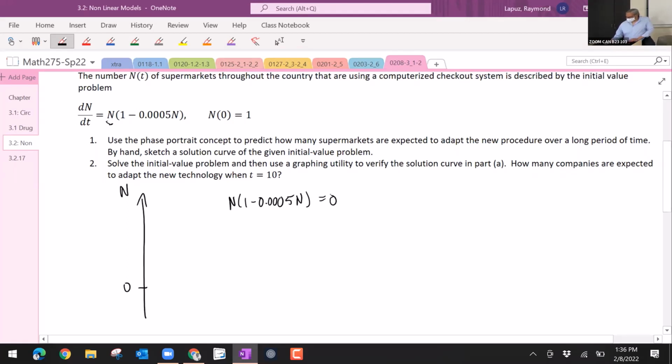So n equal to 0 is one of them. And then if we solve for the other, we get n equal to 1/5 of... 1/5 is like 20%. And zeros, is it 200, 2,000, 20,000? 1 divided by 1, 2, 3 zeros, 2,000.